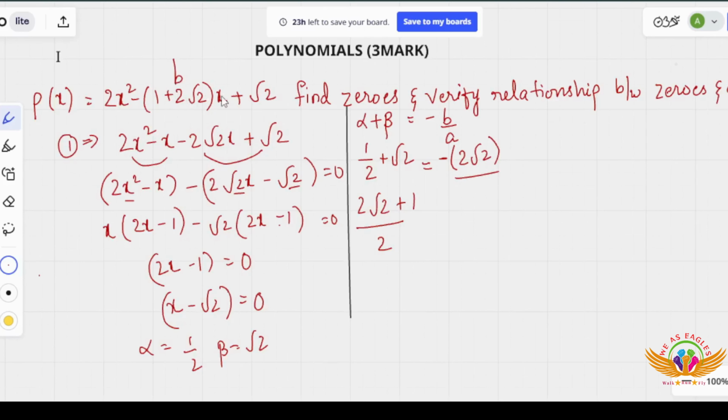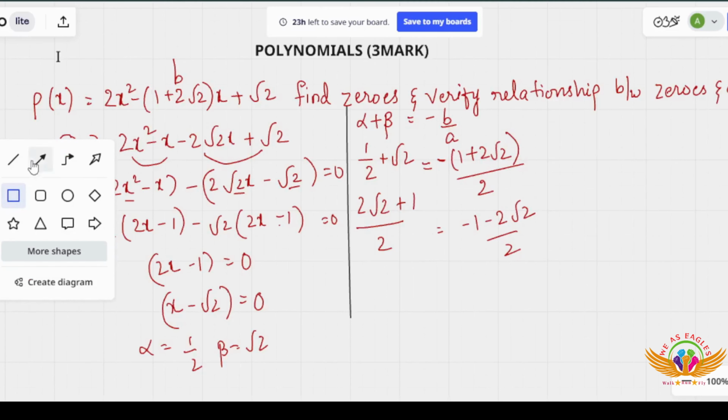We have to take the b value from the first polynomial itself. Minus b is 1 plus 2√2, divided by a, which is 2. That equals (−1 − 2√2)/2.